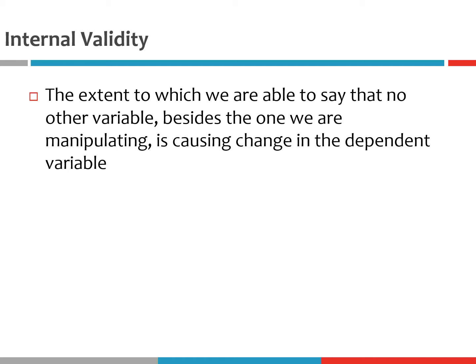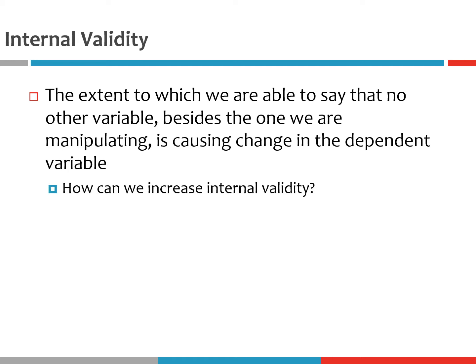But when it comes to experimental designs, there's actually only two types of validity that we need to concern ourselves with. Internal validity is the extent to which we are able to say with confidence that no other variable besides the one we are manipulating is causing change in the dependent variable.